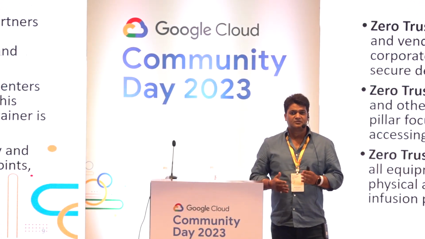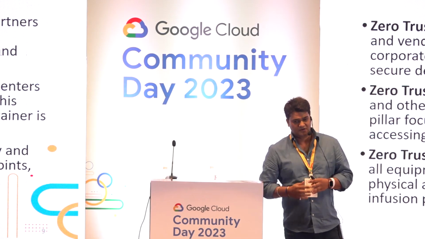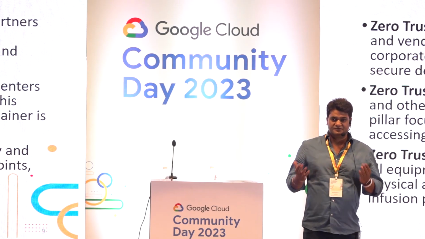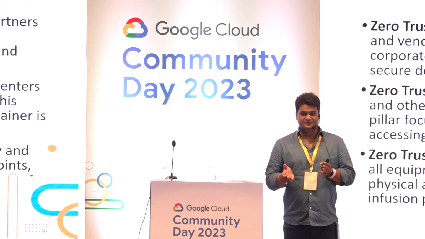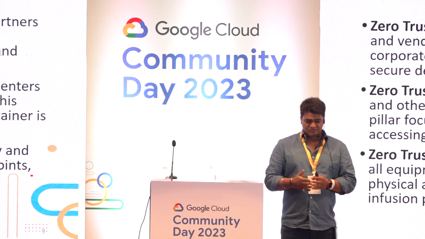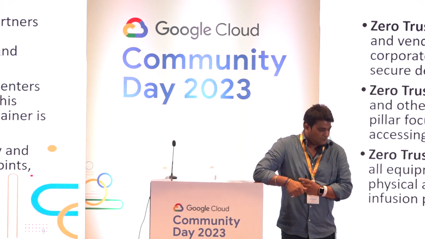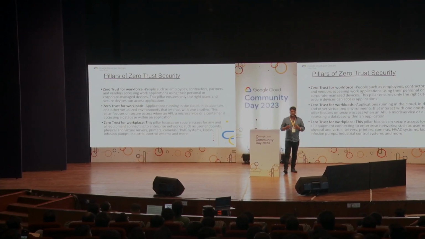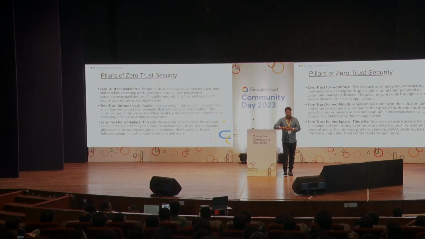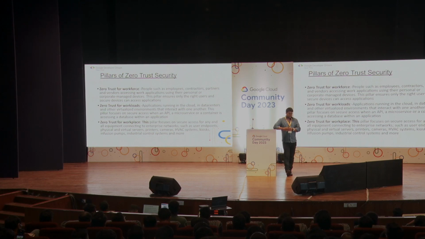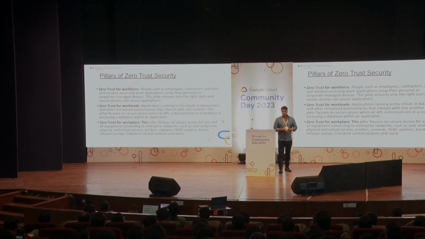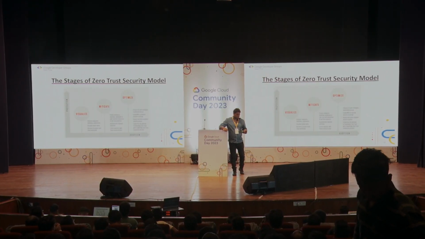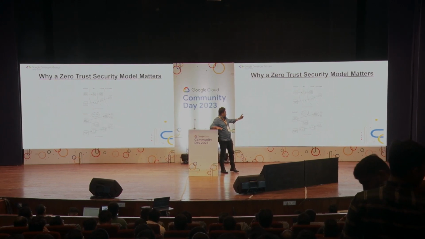Second one is workload, which is about how we manage our infrastructure and critical workloads within the organization, maybe related to the mission critical environment, maybe related to your internal environment. Third one is the workplace. Workplace is more about how equipment connects with your data center, your public cloud offering, your endpoints, and physical and virtual servers. I'm just skipping these slides, but this is a very important one.